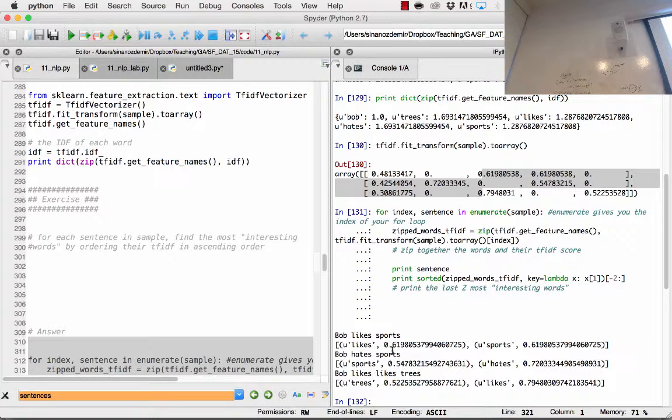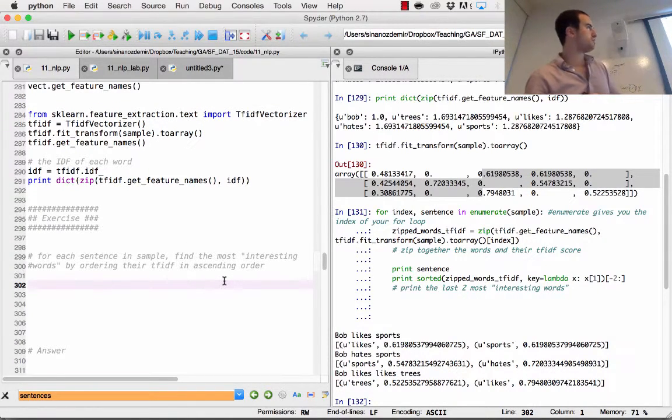So I'm showing you the top two interesting words for each of the sentences. Take 5 minutes and see if you can come up with this output. For each sentence, show me the top two most unique words in that sentence. Because after this, I'm going to apply it to the entire Wikipedia article on data science. So what are the interesting words there?